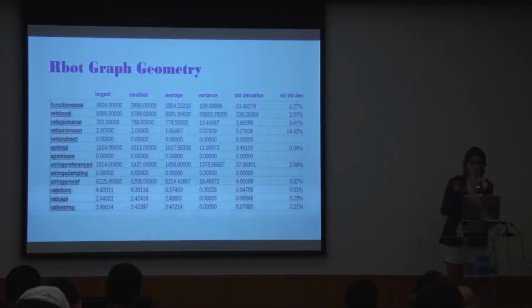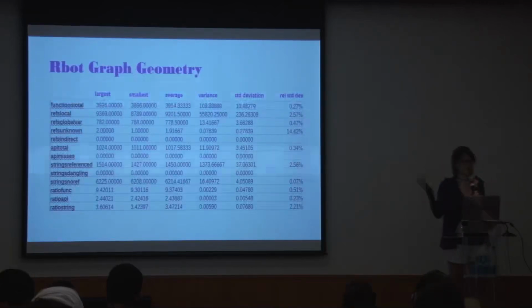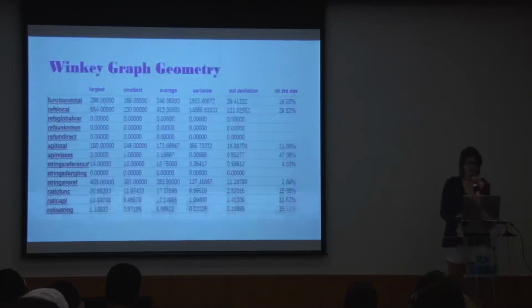Then the second category will be the graph geometry, where we look at the binary call graph and look at the function count and the edge count and the count of different API calls and the misses in API calls and the strings that are referenced and different ratios that are calculated, and try to compare those for the 3 case studies.